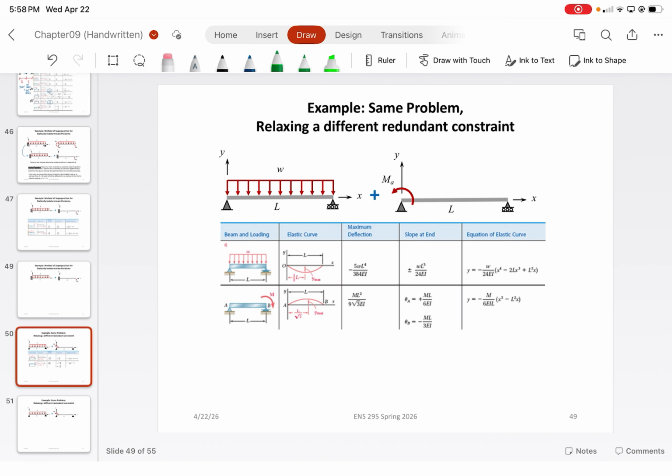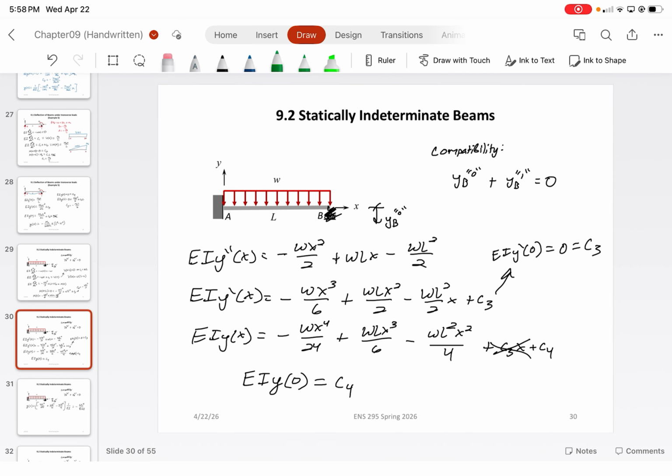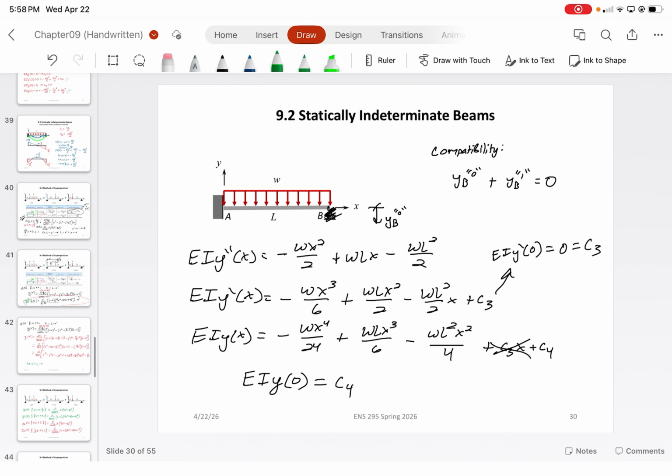Remember how we set the redundant equal to the roller on the far end and we solved for the vertical deflection at that point? We solved for yb of 0, yb of 1, and then we set the summation of those deformations equal to 0. So we set that B reaction equal to 0 displacement.